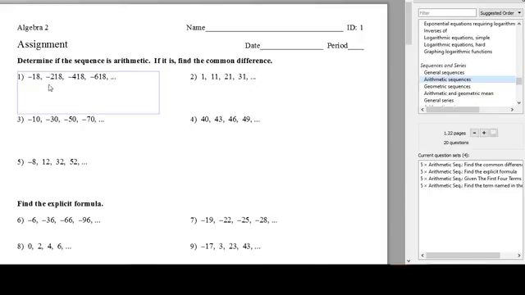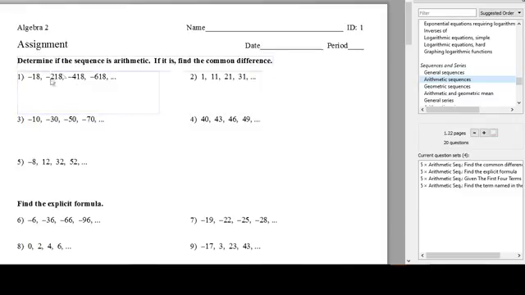Negative 200, right? When I go from 218 to 418, what do I do to it? Negative 200. And from that one to that one? Negative 200. So since they're all the same, our common difference is negative 200.